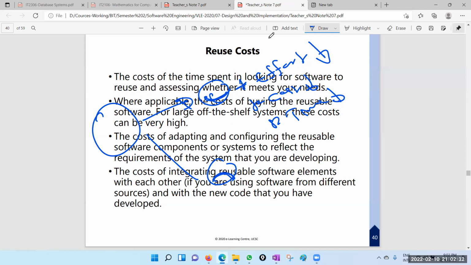So what are the drawbacks? What are the possible challenges we have? Number one, it may not fully meet our expectations or requirements, because this is not something we developed for this system. This is something we developed for another system.